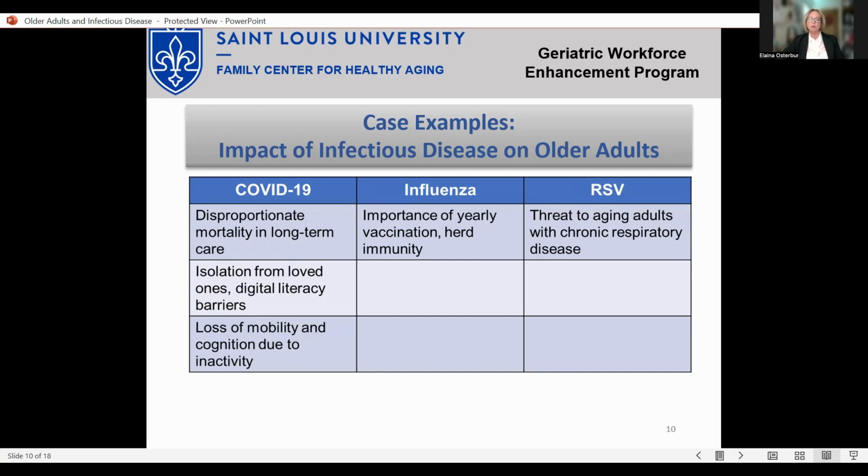Furthermore, prolonged inactivity during illness or quarantine can accelerate loss of mobility and cognitive decline. Other respiratory illnesses, such as influenza and RSV, pose similar risk to older adults. For this reason, it is essential that older adults receive annual vaccinations against COVID-19, influenza, and RSV to reduce severe outcomes and also to protect overall well-being.